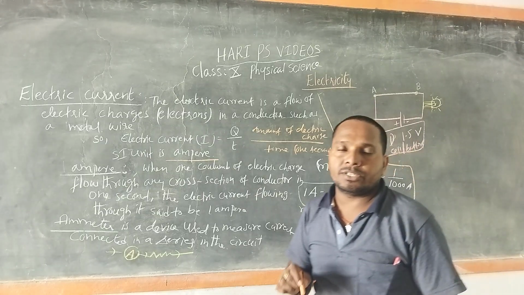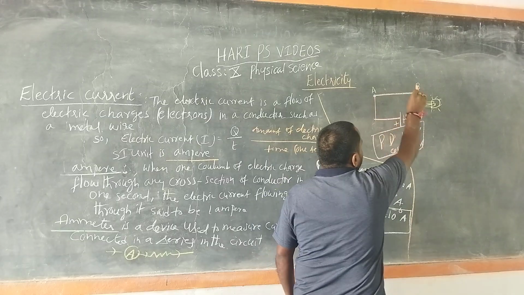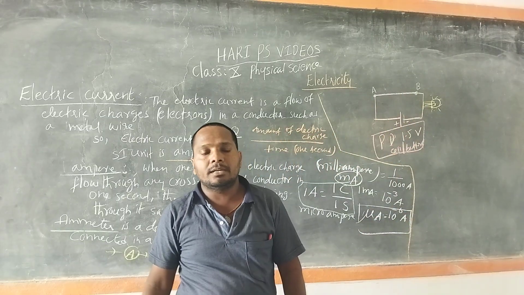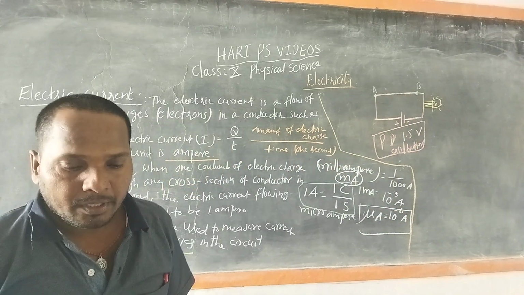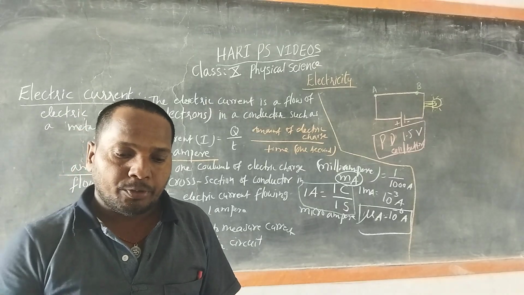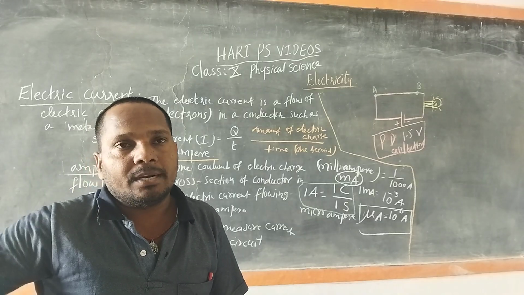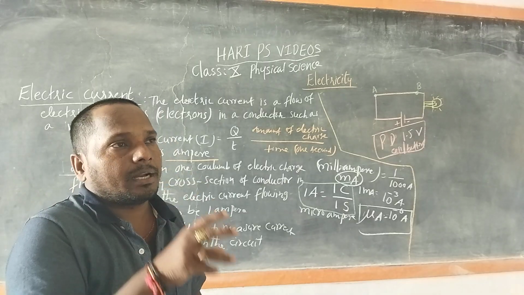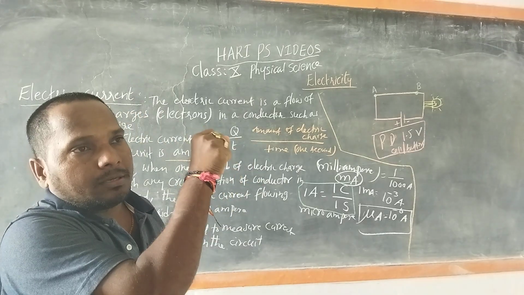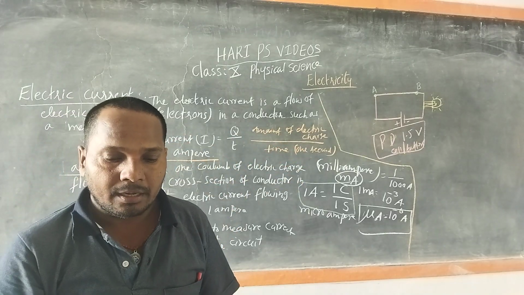Due to that potential difference, electric current flows in the circuit. So in the torch bulb with copper connecting wires, the potential difference causes the electric current to flow through the conductor, and the bulb glows.